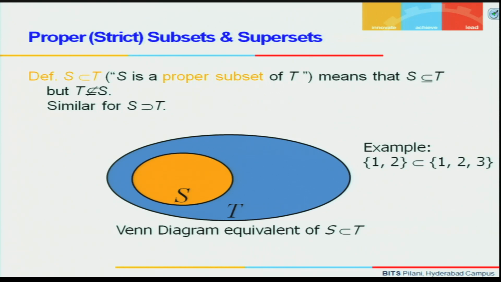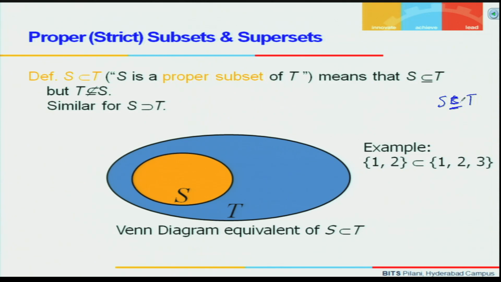And when I say generally S is subset of T, S can be equal to T as well, isn't it? That is what we have seen in the last slide, that S is subset of S. But to rule this out, proper subset actually does that.